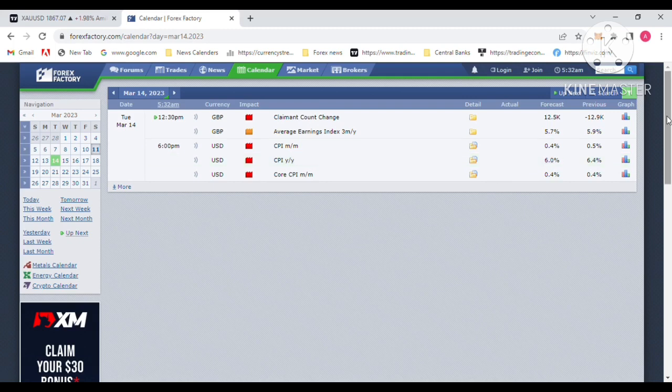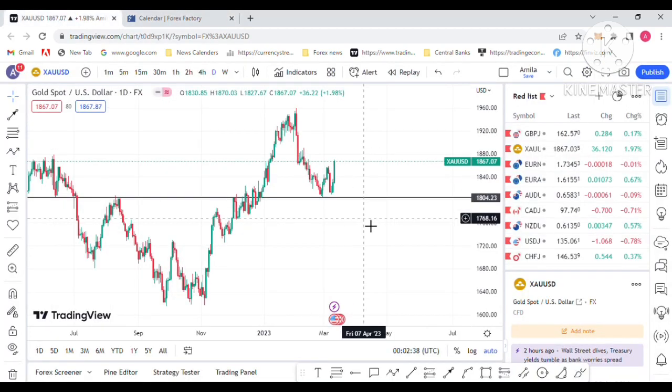That's the economic picture for next week, and you should forecast the CPI figure for your gold trade.